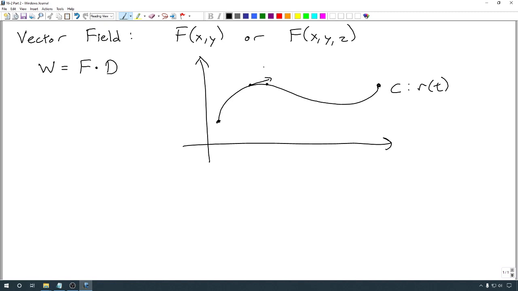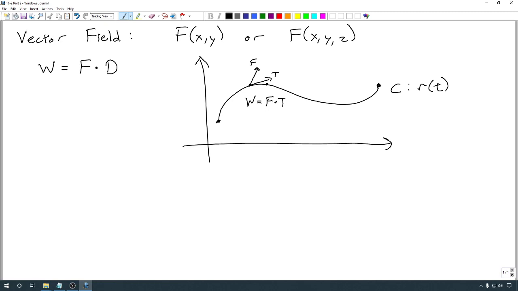That's a tangent vector. The force may be in some other direction. Let's make the force this way. So this is the force at that point. This is the tangent vector, and we'll usually use the unit tangent vector. We're approximating our displacement by that tangent vector. And in essence, on this little piece, the work is equal to the force at that point dotted with the unit tangent vector.